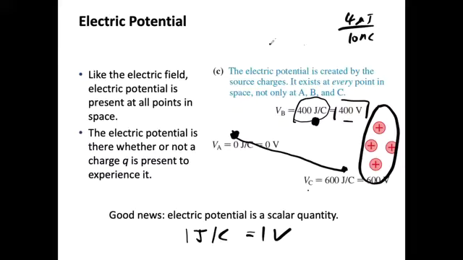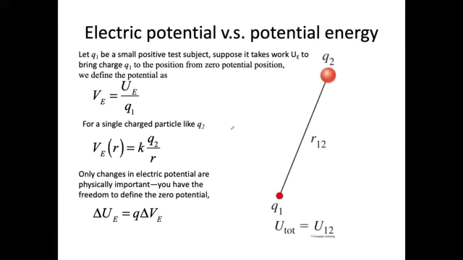Electric potential is a scalar, so at one location you can only have one potential, and it's a scalar. If you have more than one particle creating electric potential at the same location, you need to add the potential created by each individual charge up. And because the electric potential is defined from electric potential energy, electric potential is defined as electric potential energy over the charge.